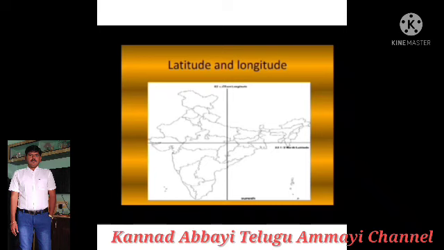Then you can ask me, sir, we can easily identify the directions on the map, but how can we identify directions without a map? Simple, just stand in front of the sun. Where the sun rises, that is east.